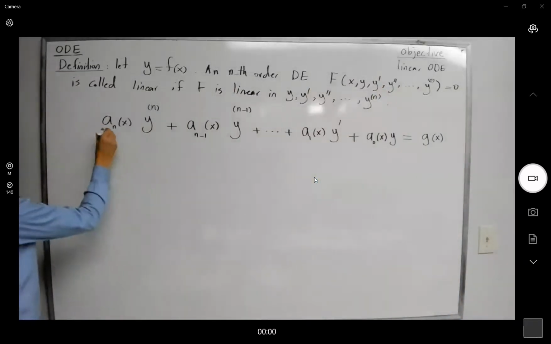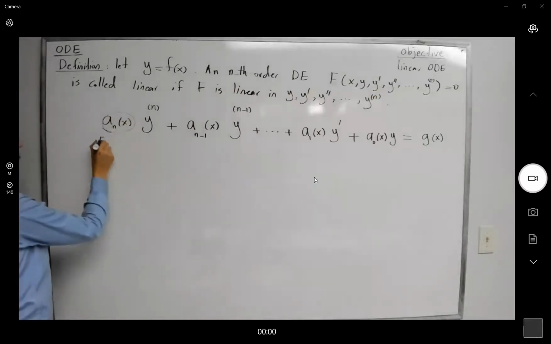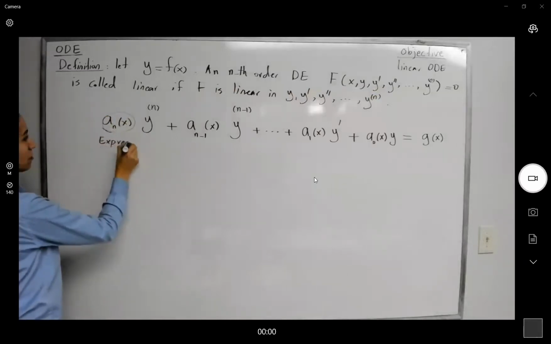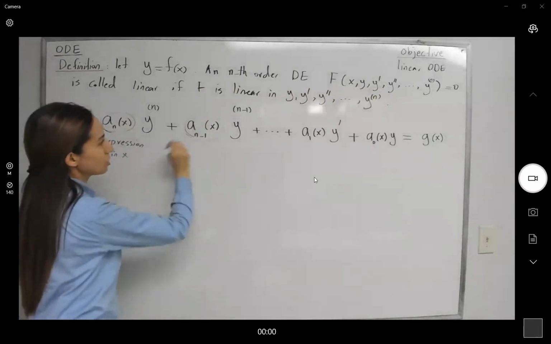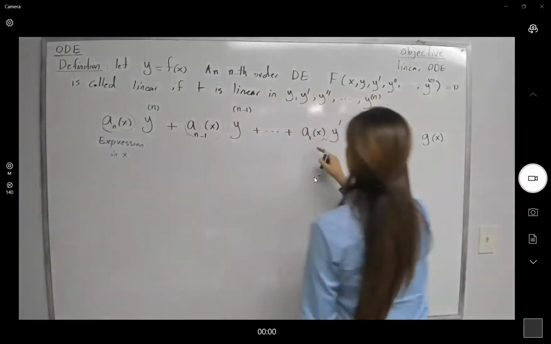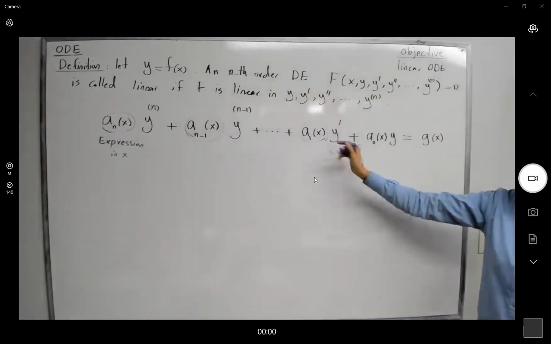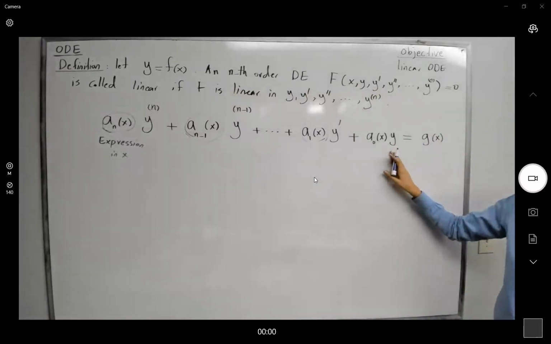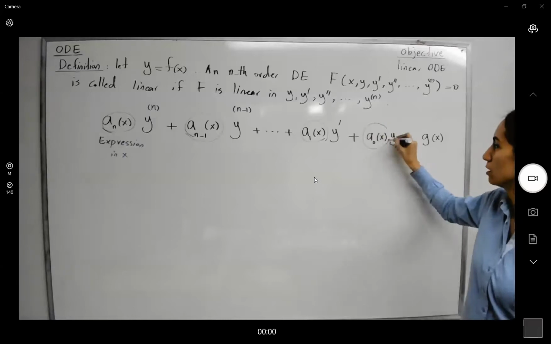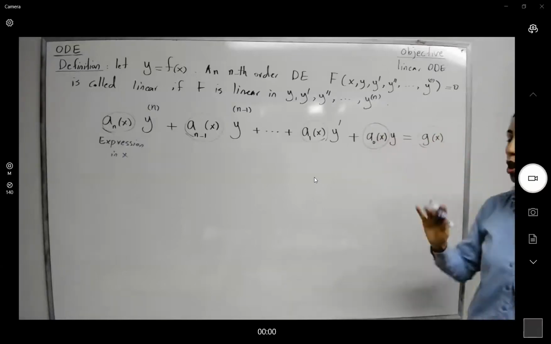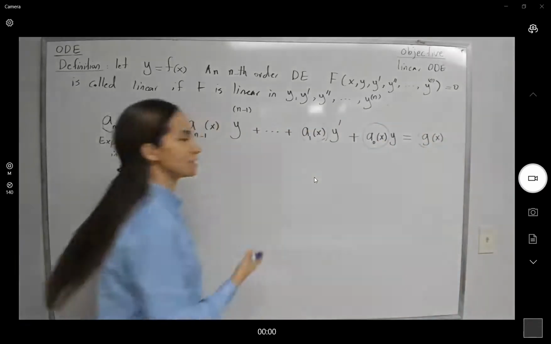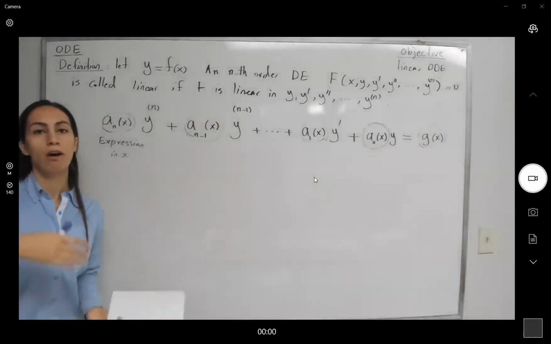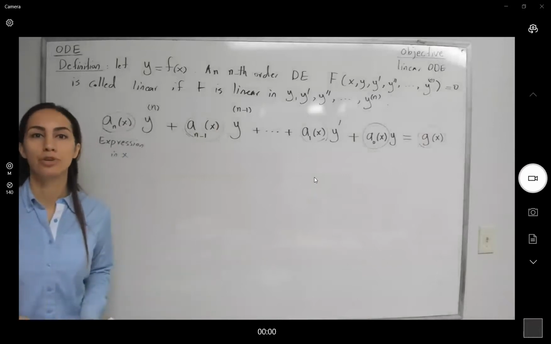You have an expression in x, another expression in x, and these are all multiplied by the derivatives or y itself. Well, what is our observation here? The observation is that we don't see any multiplication of y and its derivatives.